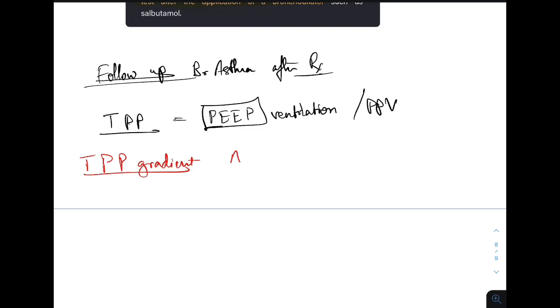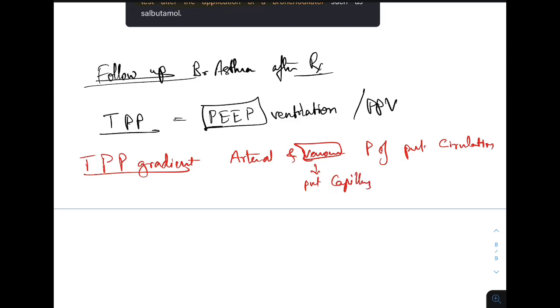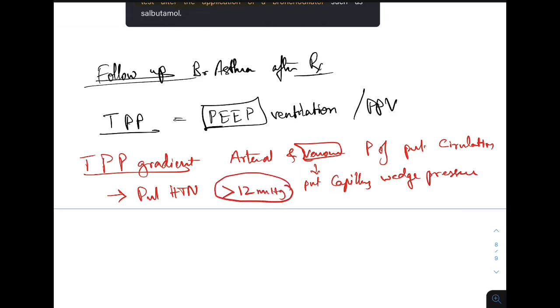This is completely based on arterial and venous pressures of pulmonary circulation. This venous pressure is the pulmonary capillary wedge pressure. This is the gradient which determines pulmonary hypertension if it is more than 12 mmHg. It is obvious that there is more pulmonary hypertension if it is more than 12 mmHg.